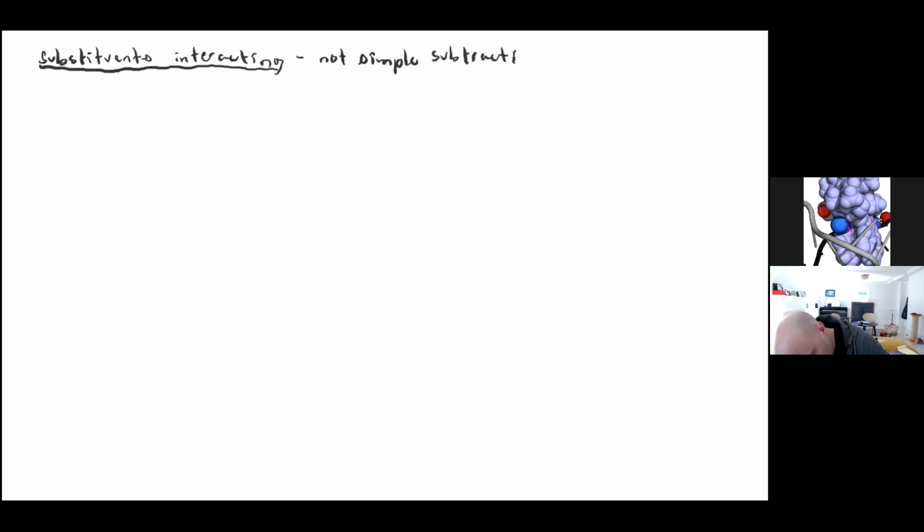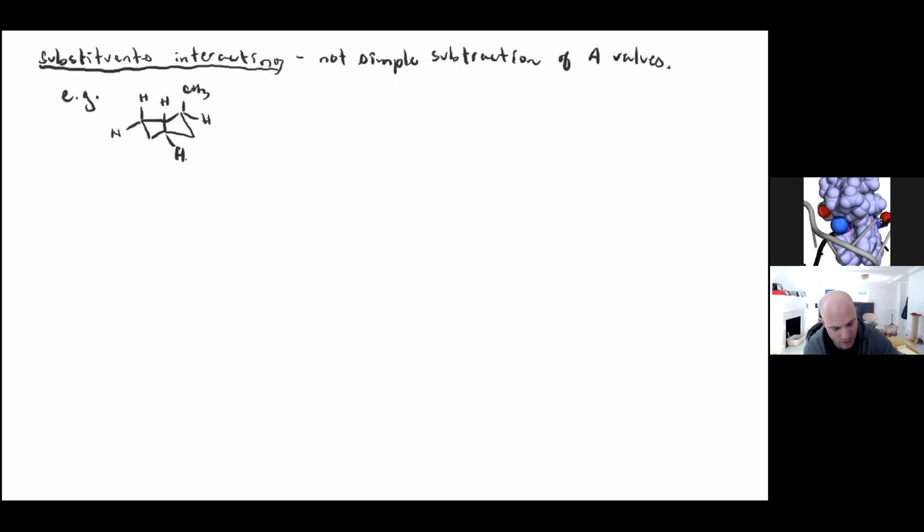So for example, consider the example from last lecture, methyl cyclohexane, which we said was plus 1.8 kcals per mole higher in energy than the equatorial isomer.